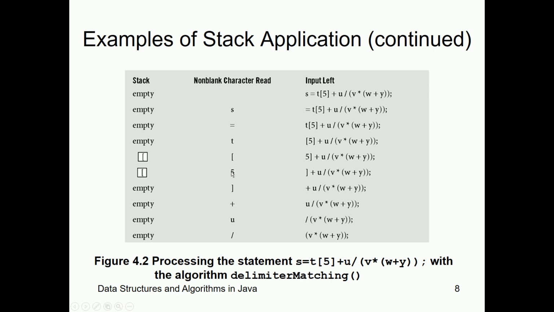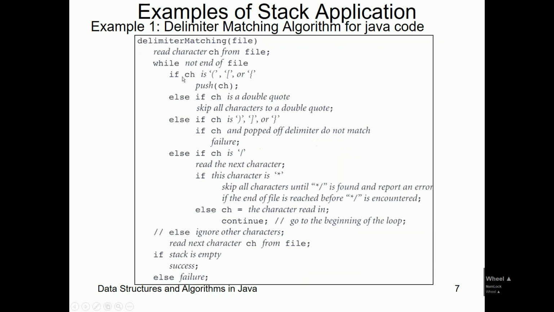We're not interested in them, because when we found the opening ones, we push. When we found the closing ones, we pop. So we read from the beginning until the end, one character at a time, and if we find the opening ones, we push them. If we find the closing ones, we pop.